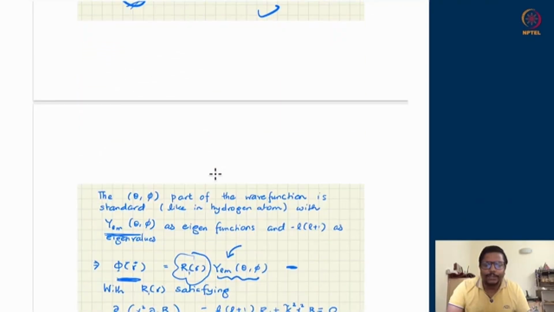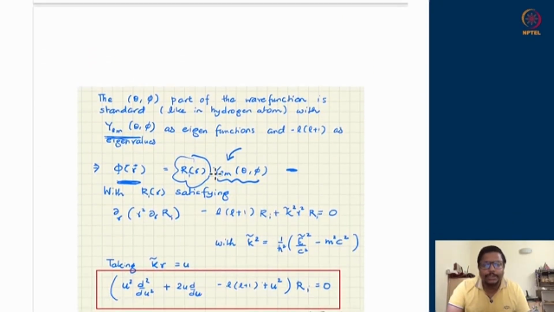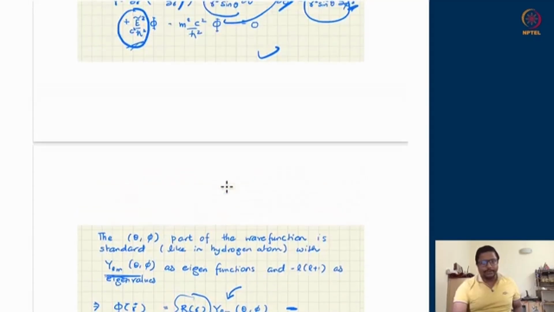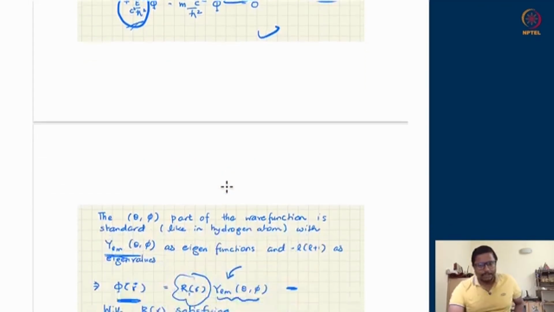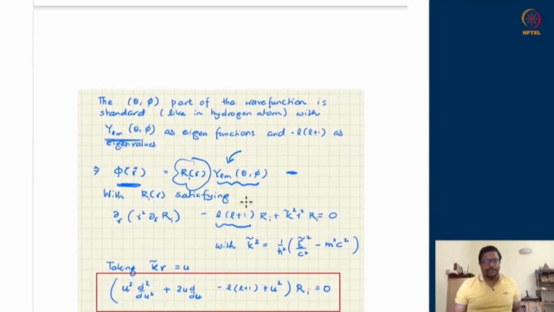And Ylm theta phi being hit upon by the angular derivative part come back with the eigenvalue l into l plus 1. All this you might have seen in 3D systems, spherically symmetric potentials, harmonic oscillators, or hydrogen atom. Their l into l plus 1 came about as the eigenvalue of the Ylm theta phi eigenstate corresponding to the operator of the angular derivatives. So all these angular derivatives are replaced as minus of l into l plus 1 times the Ylm theta phi.